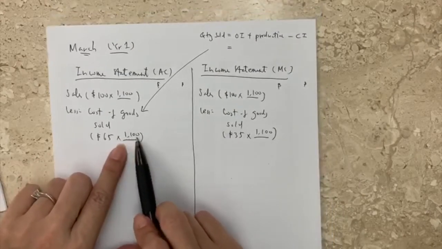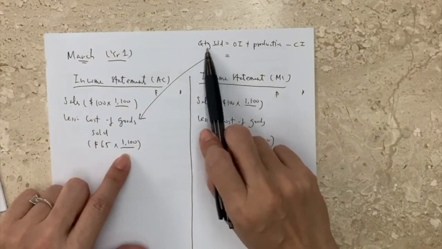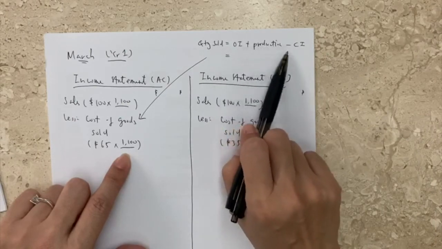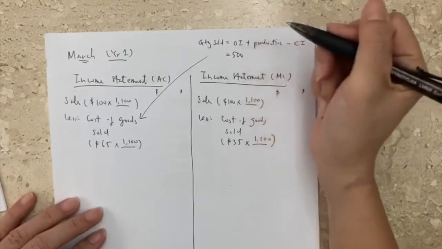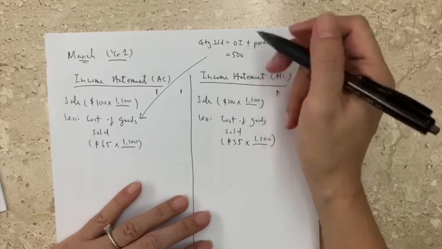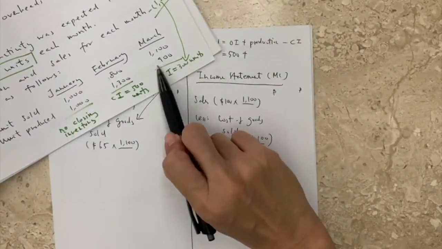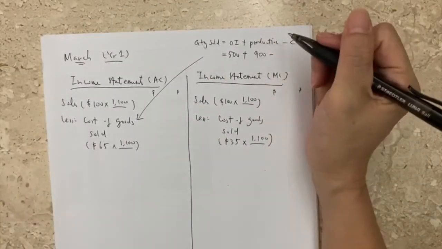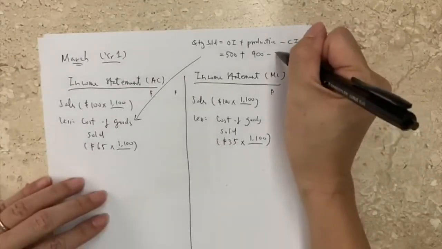And why this 1,100? If we use the usual formula, quantity sold always equals opening inventory plus production minus closing inventory. So if I start with 500 units in February as closing, this will be opening in March, plus the units produced in March, which is 900, minus closing inventory in March, which is 300.